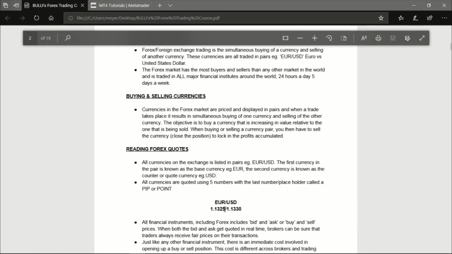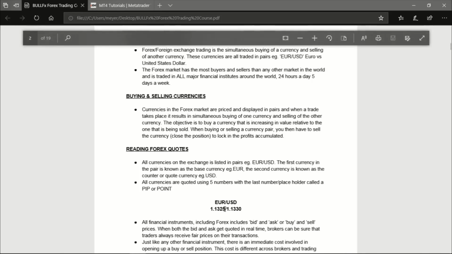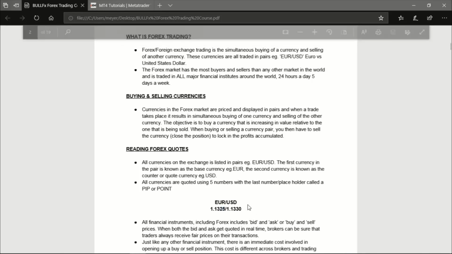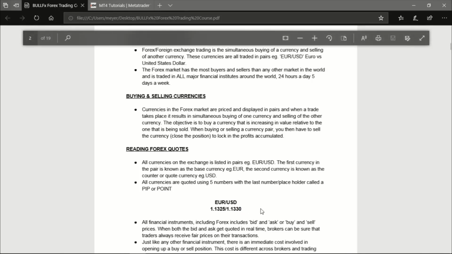So the last number over here, which would be number 5, would be the pip, or a point in the market. That's just a way to refer to the increasing and decreasing of the value of a currency.